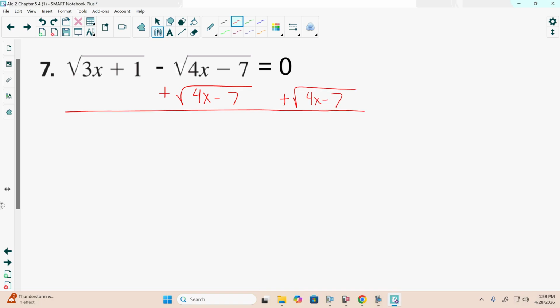And as we saw yesterday, if I add the square root of 4x minus 7 to both sides, on the left-hand side, the negative square root of 4x minus 7 and the positive square root of 4x minus 7 are like terms. So I have negative 1 plus 1, which gives me 0, telling me that the left-hand side now is the square root of 3x plus 1. The right-hand side is now 4x minus 7.